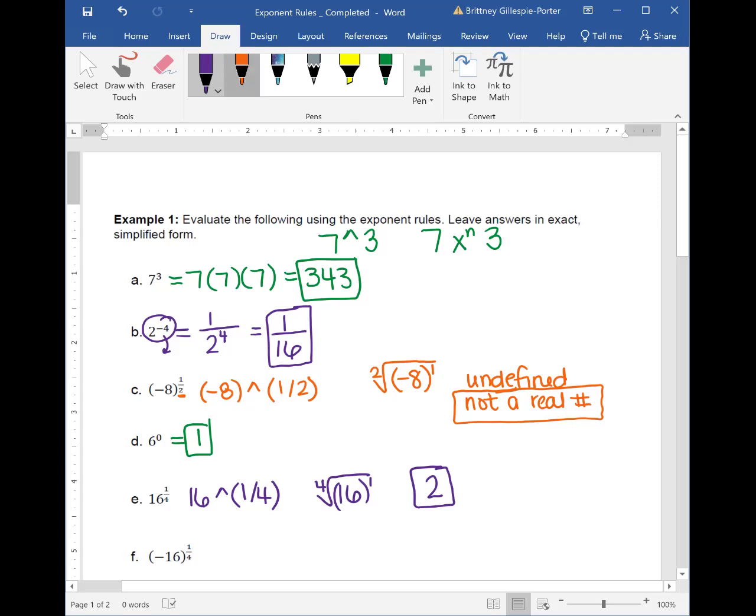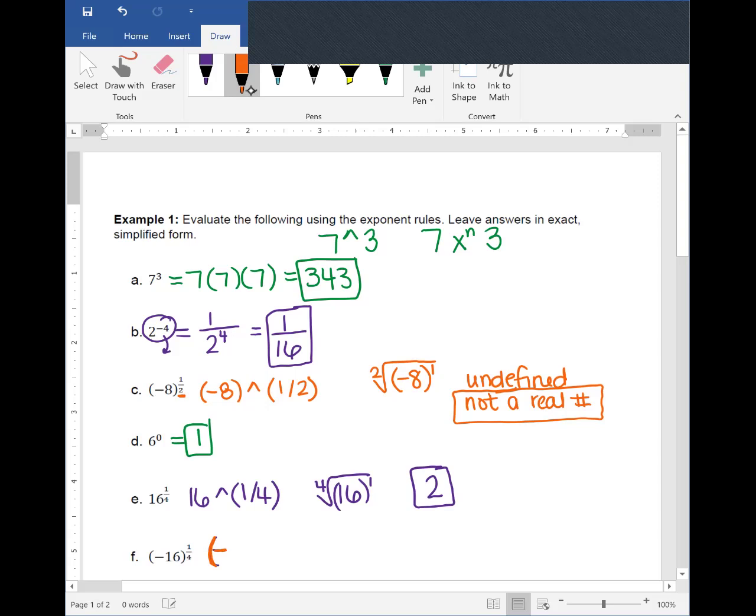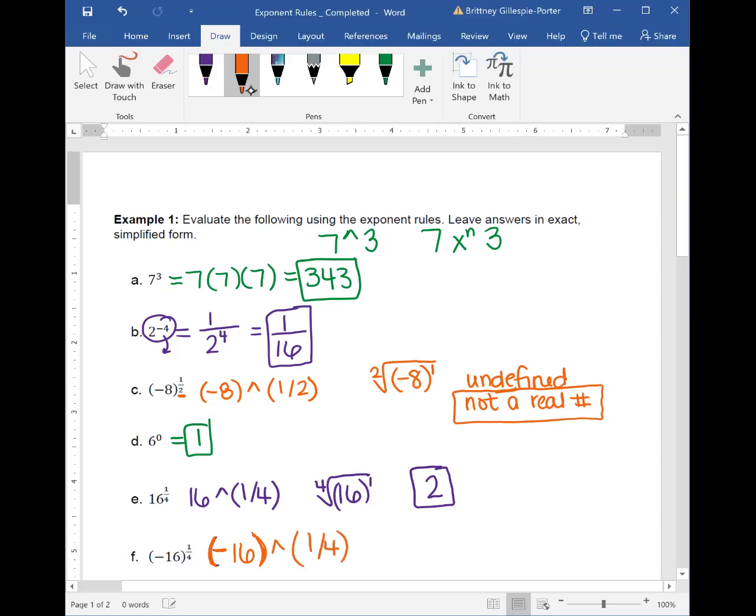But if we have a negative 16 to the 1/4, when you plug this into your calculator this time, make sure you put parentheses around the negative 16, and that'll be to the 1/4. This is also the same thing as the 4th root of negative 16 to the first.